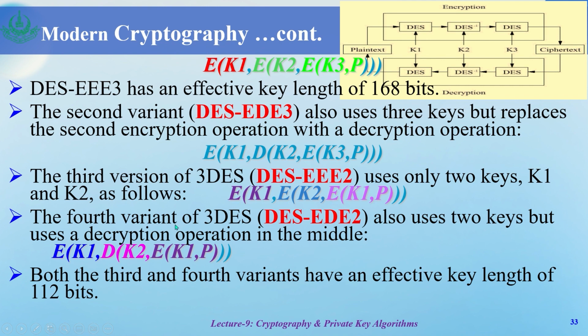The fourth variant of 3DES is EDE2, which also uses 2 keys but uses a decryption operation in the middle: encrypt using key K1, then decrypt using key K2, and then encrypt with K1 the plain text. Both the third and fourth variants have an effective key length of 112 bits.